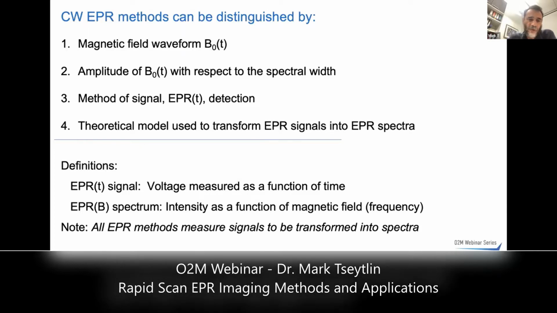Again, definitions: when I say signal, in engineering terms, I mean voltage as a function of time. An EPR spectrum is normally intensity as a function of magnetic field. Pretty much all EPR methods measure signals, not spectra, and there is one way or another to show the spectra. It can be very straightforward, but we measure pretty much always voltages, sometimes current, but mostly voltages.